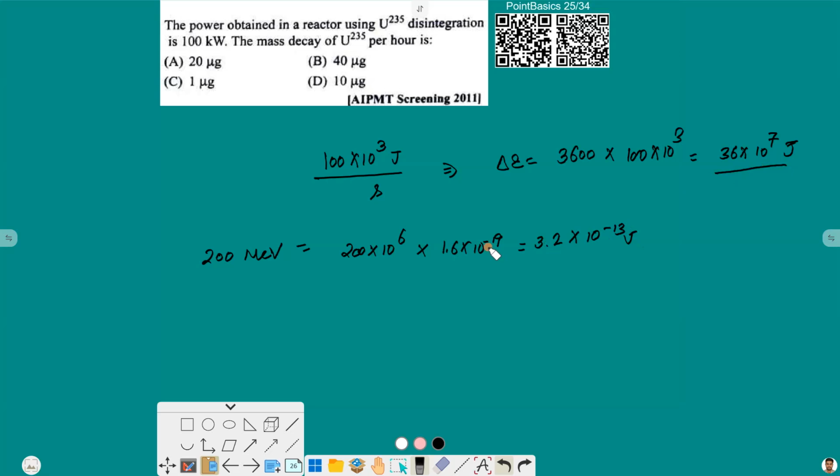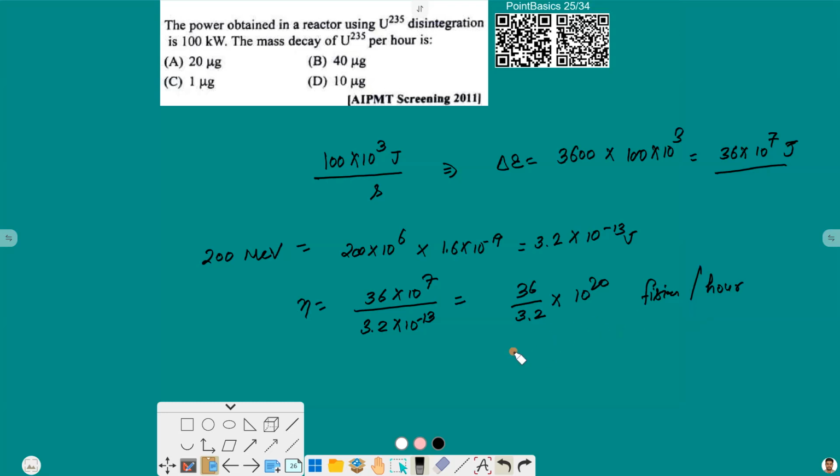So the number of fissions that we will need, N, will be equal to 36 by 10 raised to power 7 divided by 3.2 into 10 raised to power minus 11. So we will need 36 by 3.2 into 10 raised to power 20 fissions per hour.